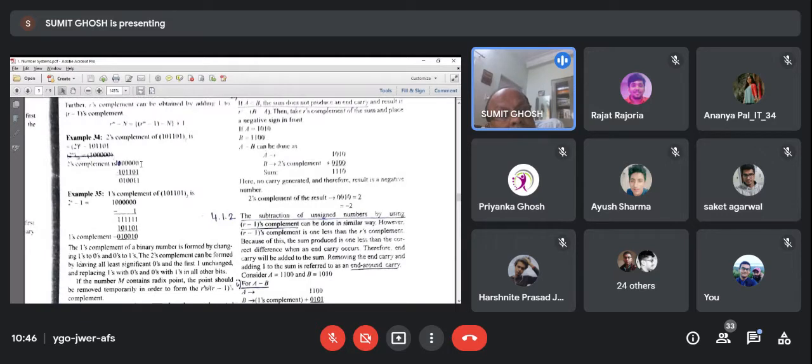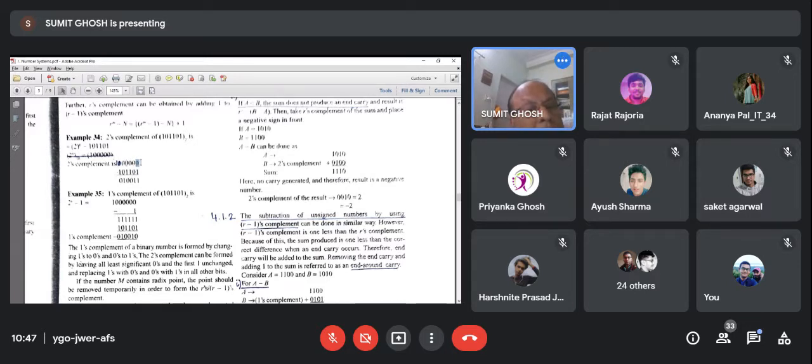When you subtract this binary number, the first bit is 1 and here the first bit is 0. So we cannot subtract. You have to take a 1 from the left position.